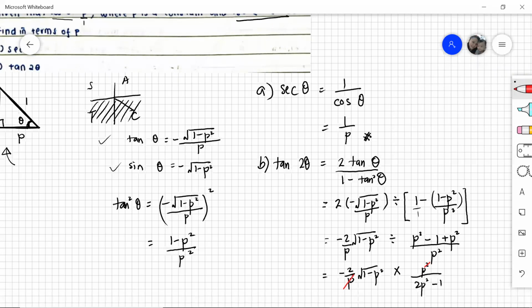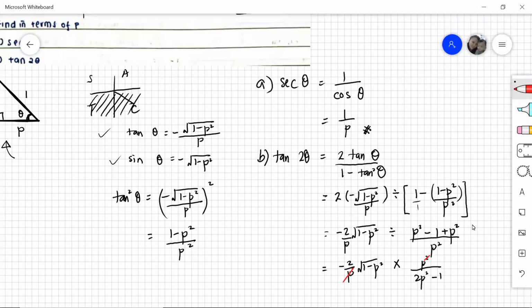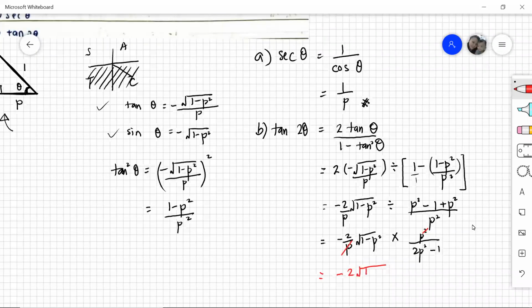So what we left behind, the answer will be this, equals to negative 2 square root of 1 minus p squared, times p, so we should have negative 2p, negative 2p over 2p squared minus 1. So that will be our final answer for this question.